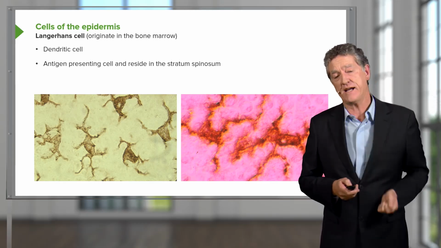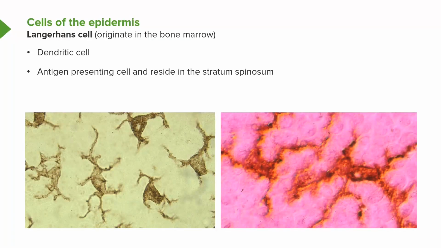And there it puts a little flag up on the surface and alerts T cells and other cells of the immune system that then recognise this antigen and mount an immune response against it to help protect our body. And we'll learn about that in more detail in a later lecture.